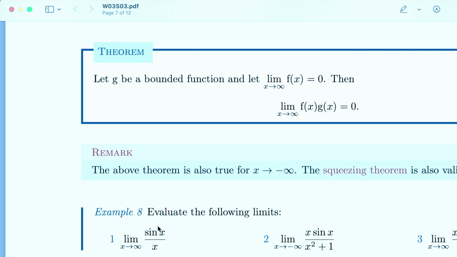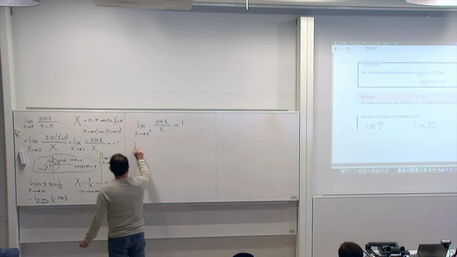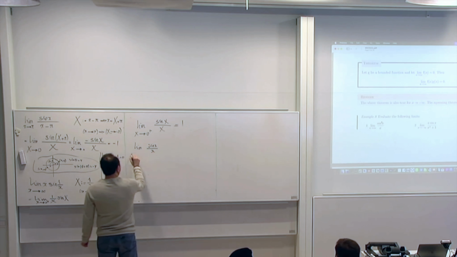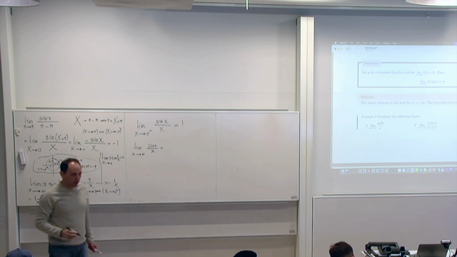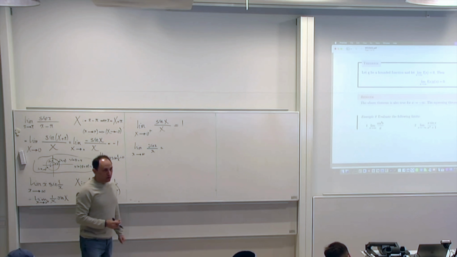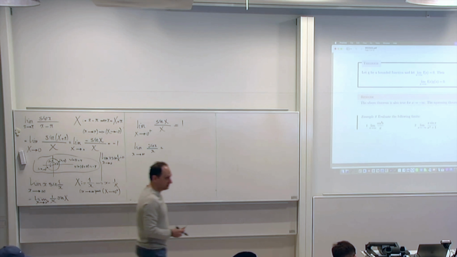Can you tell me what this one is? I hope that you are not getting confused. They are very similar. That's why I want to solve them for you. The next problem is the limit of sine x over x as x goes to infinity. Don't jump to the conclusion and say this is 1, because x does not go to 0. X goes to infinity. Do you see that this theorem is somehow relevant? How?